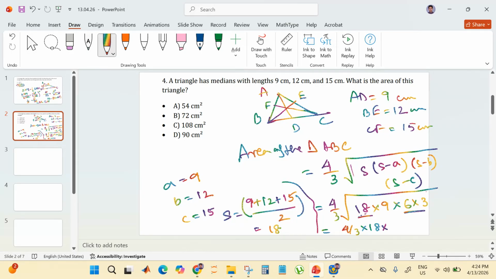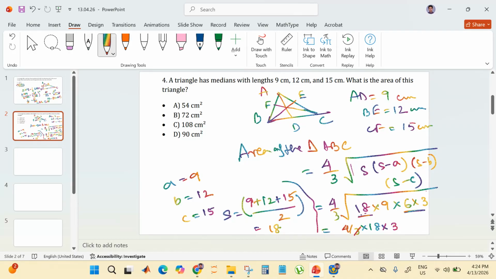If it is 18 times 18 under root, it will come outside as a single 18, and 9 will come outside as a 3. So in the denominator you have 3, and the 3s cancel. 4 into 18 is 72. So 72 centimeter square will be the answer. That is option B for this question.